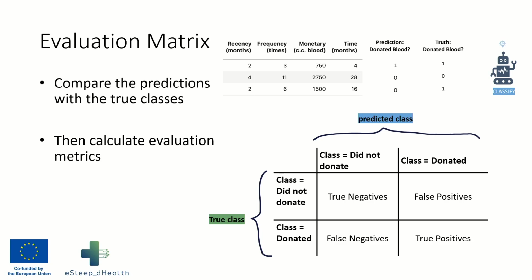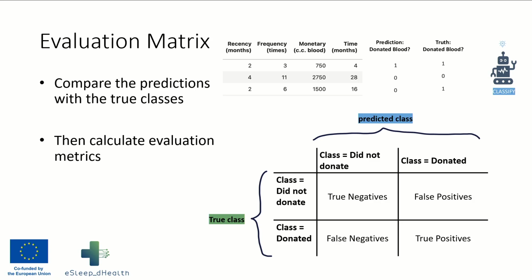Then if we go to the one on the bottom left, this would be a person who we said did not donate, but in reality, they did donate. So this is also a false prediction, and it's exactly the opposite of the other case. So in this case here, we said someone did not donate even though they did. And in the top one to the right, we said someone did donate even though they don't. So both of them are wrong, but they are wrong in different ways.